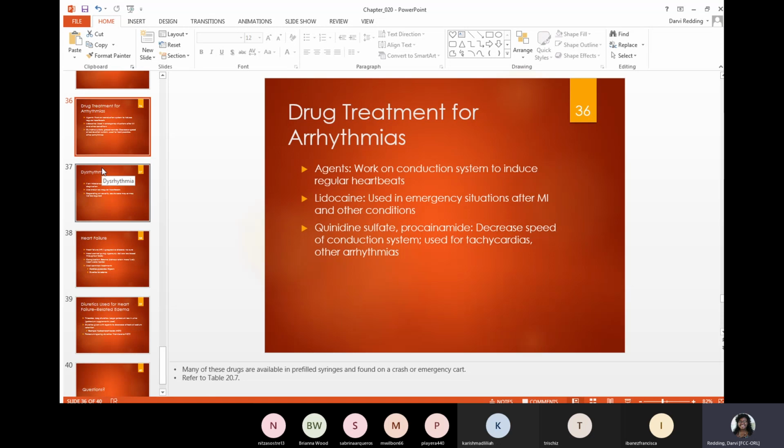So there are some drug treatments when it comes to arrhythmias, and some of the agents work on the conduction system to induce regular heartbeats. A person might also be given lidocaine, which is used in emergency situations after a myocardial infarction or some other conditions. Some other drug treatments that might help would be quinidine sulfate or procainamide, and this works by decreasing the speed of the conduction system that's used for tachycardias or other arrhythmias.